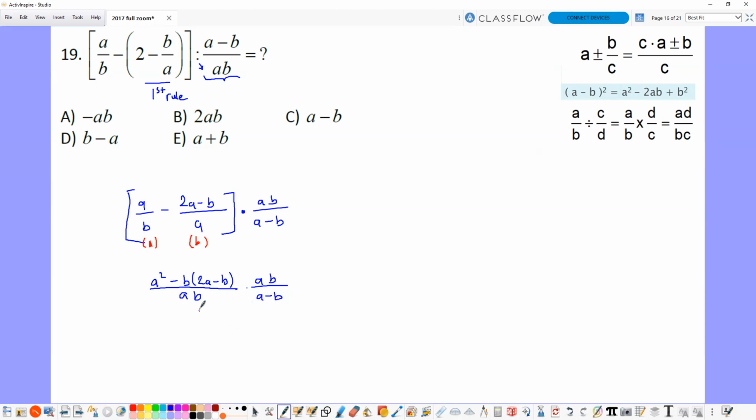Here we can simplify these AB's also, because one of them is at the numerator, one of them is at the denominator.